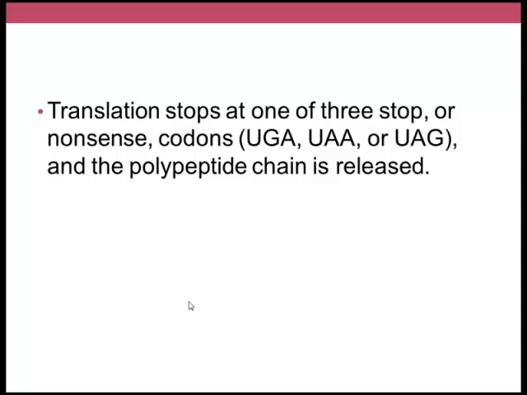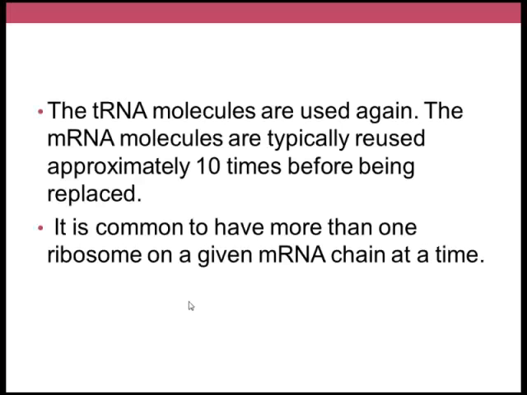The stop codons are UGA, UAA or UAG. Then the polypeptide chain is released from the ribosome. The tRNA molecules are used again. The mRNA molecules are typically reused approximately 10 times before being replaced.